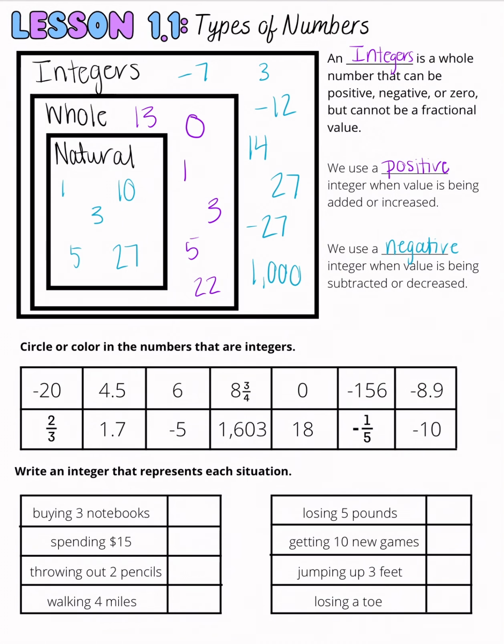Okay, so the first thing we're going to do is identify some numbers that are integers. So we're going to go through this box right here and decide which ones are integers.